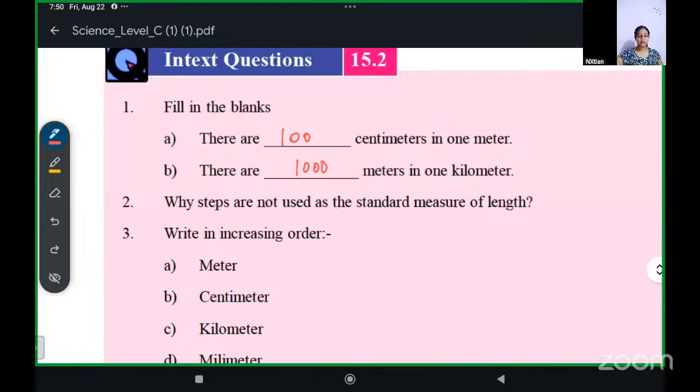Ma'am, we do not use steps as a standard measure of length because the steps can be long and they can be small also.